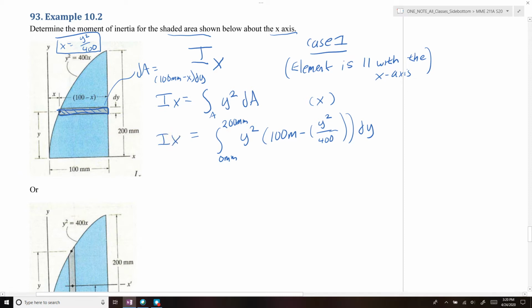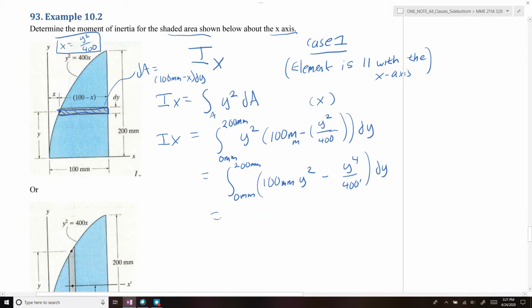If we distribute this all out, we get the integral of 100 millimeters times y squared minus y to the fourth over 400, d of y.